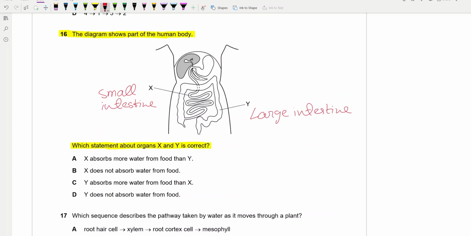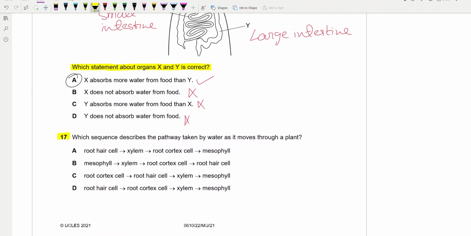Option A. X absorbs more water from food than Y, which seems correct. Option B. X does not absorb water from food, which is wrong. The small intestine does absorb water. Option C. Y absorbs more water from food than X, which is wrong. Y does not absorb water from food, which is also wrong, as the large intestine also absorbs water but at a low rate. So the correct option would be option A.